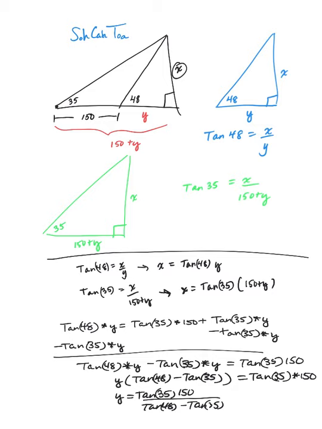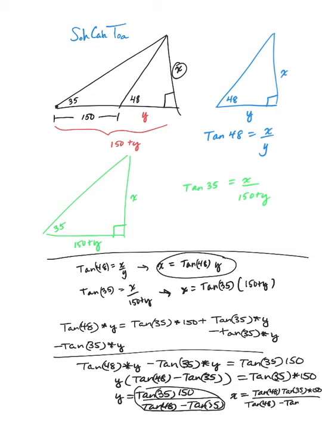But now keep in mind, I know that I have these equations for x. I can use either one of them. I'll use this one. So I have x equals tan of 48 times y. Well, y is all of this. So I have tan of 48 times tan of 35 times 150 divided by tan of 48 minus tan of 35.